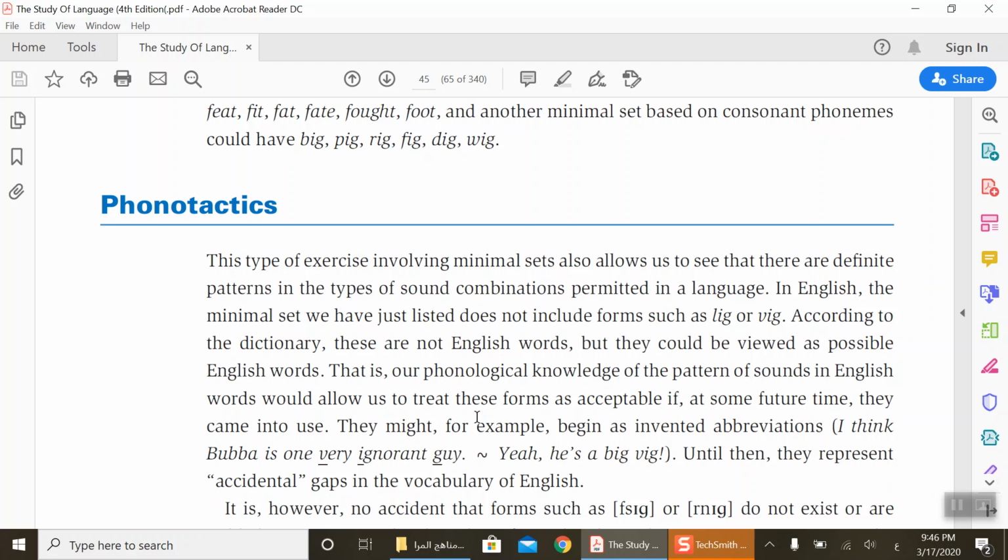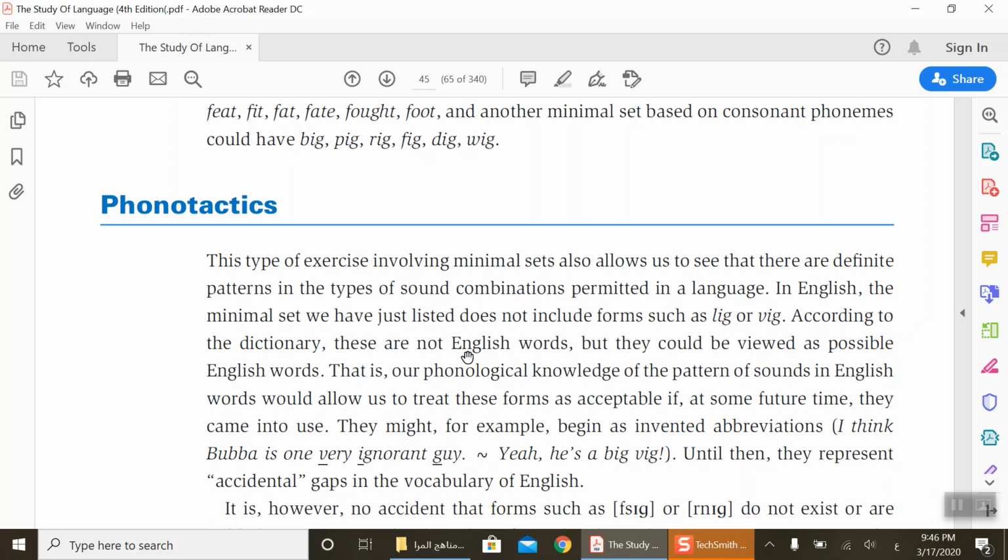In English, the minimal set we have just listed does not include forms such as lig and fig. Someone can wonder and say why we don't have these words. We have big, we have wig, but why don't we have lig or fig? What is the reason behind the absence of such words?